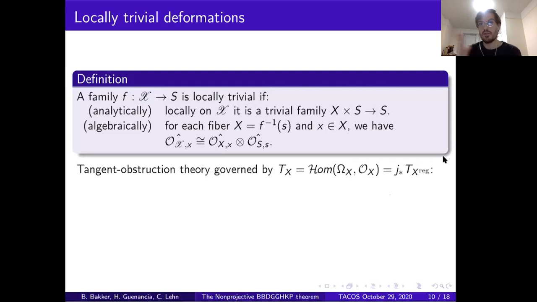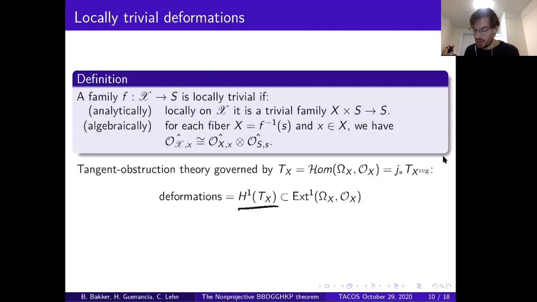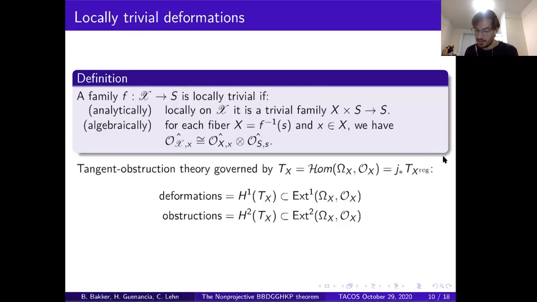Okay, so locally trivial maps have a nice deformation theory. The locally trivial deformations of a space are governed by the tangent sheaf. And so the deformations are governed by the H1 of the tangent sheaf, which sits inside the full space of flat deformations, which is this X1 group. And the obstructions are governed by H2 of the tangent sheaf, which again sits inside the full obstruction space for flat deformations.